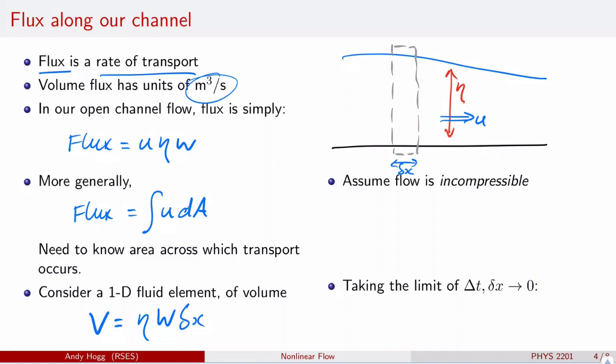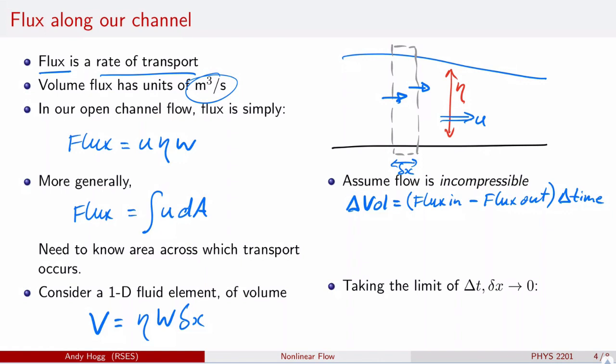I'm also going to assume that the flow is incompressible, and what that means is that if there's a certain amount of flux in and a certain amount of flux out, then the volume has to change by a certain amount. I'll write this as the change in volume equals flux in minus flux out times delta time, and you can see that that's dimensionally consistent.